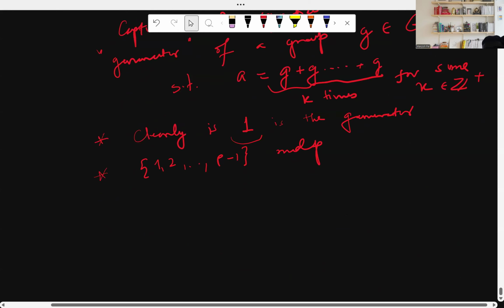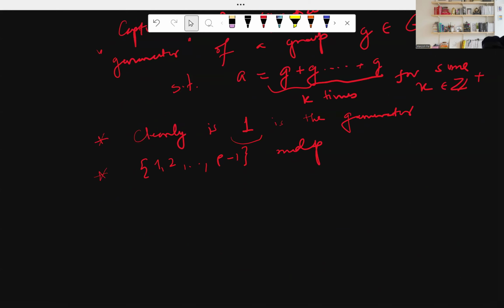What is the generator? Basically, we should be able to write any number a as g power k mod p. So g power k simply means multiplying g, k times.